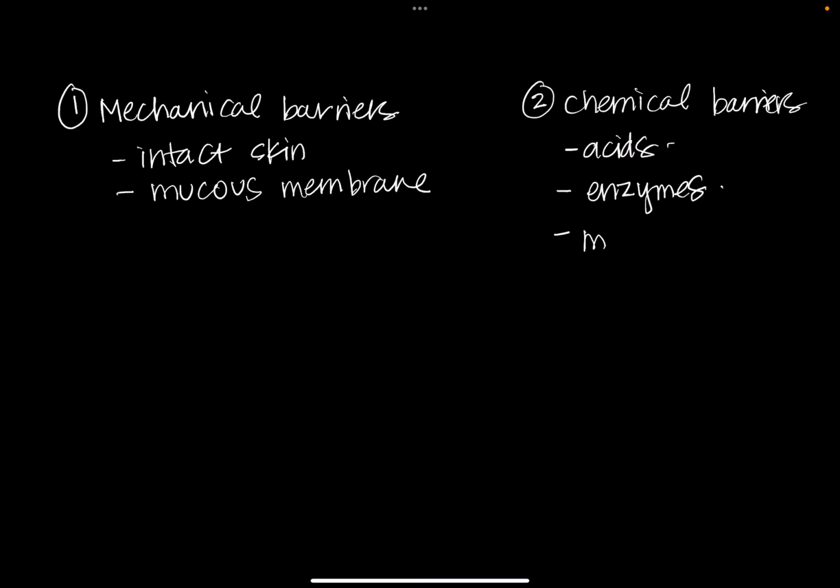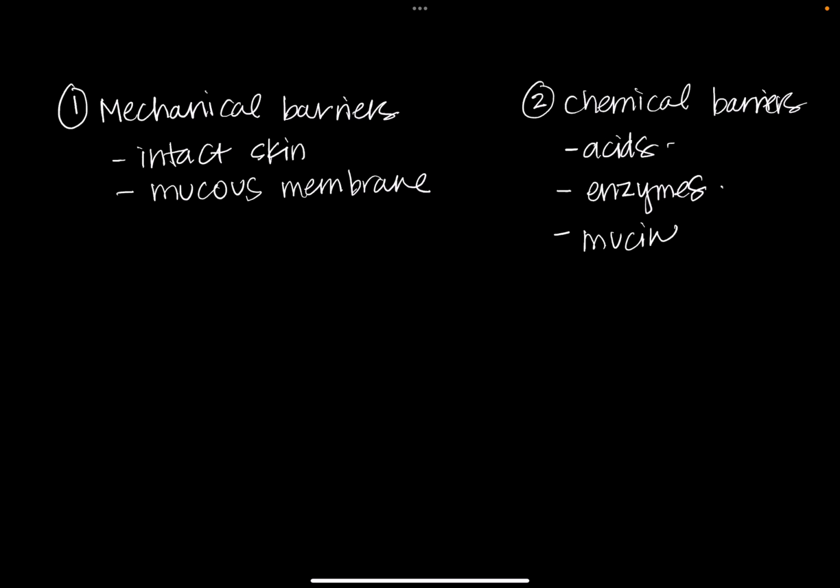Another chemical barrier is mucin. What are the glands that are responsible for making mucin? They are a unicellular exocrine gland. So a single cell that makes mucin that's used to make mucus that you learned in Bio 32. Goblet cells.